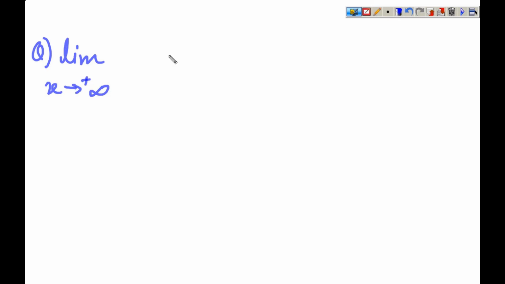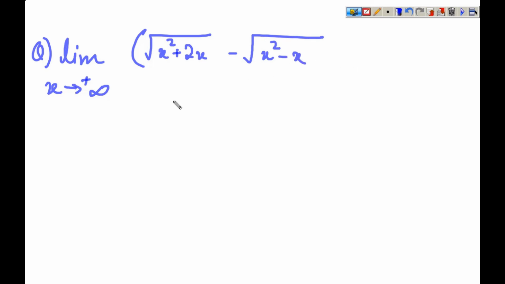We have to find the limit of this function when x approaches positive infinity. The function is given as the square root of (x² + 2x) minus the square root of (x² − x). If I simply substitute infinity in place of x, I get the square root of infinity minus the square root of infinity, which is undefined.